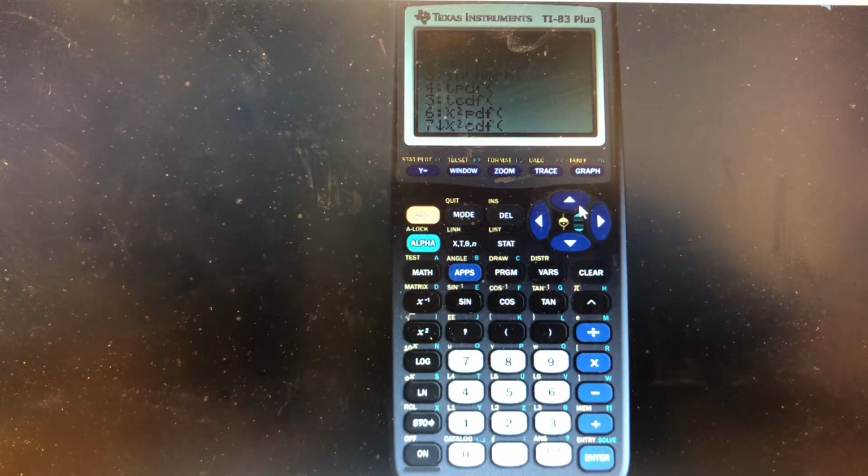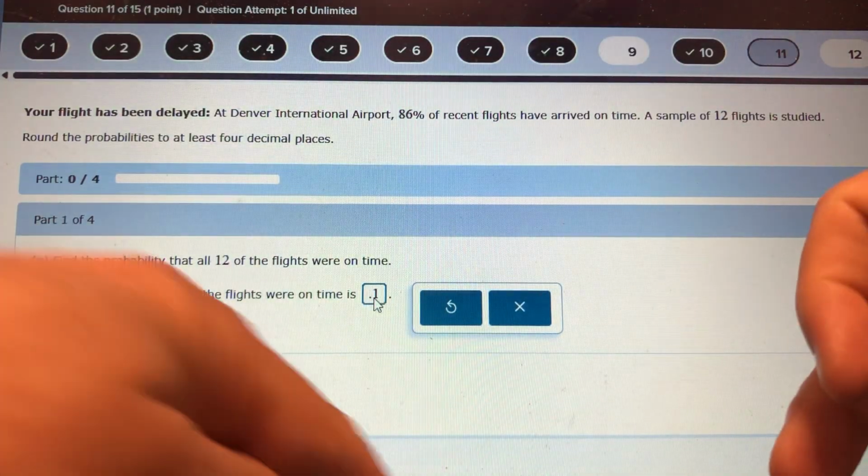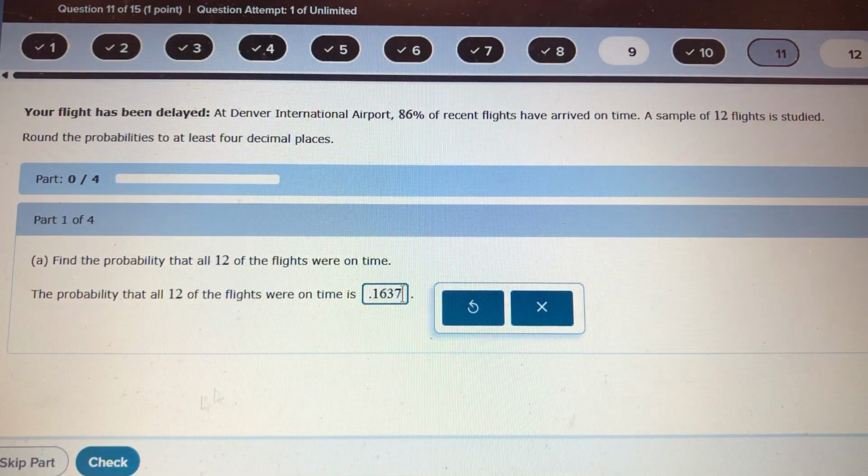Second vars, up arrow to binom PDF, 12, .86, and 12. If you try 12 times, you can succeed all 12. 0.1636, but there's a 7 after that, so 0.1637.